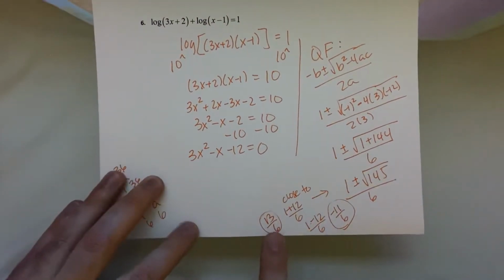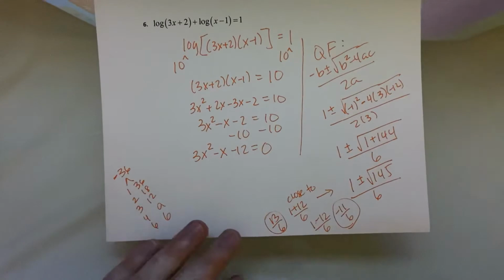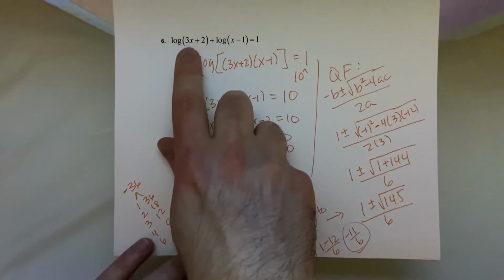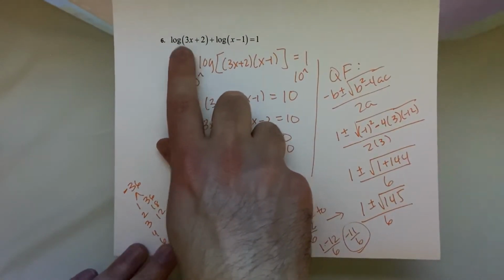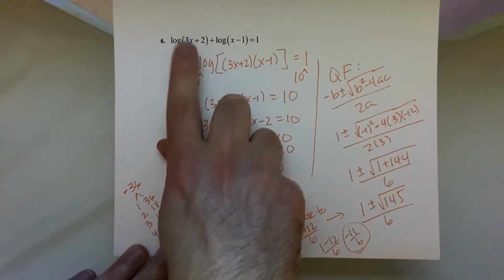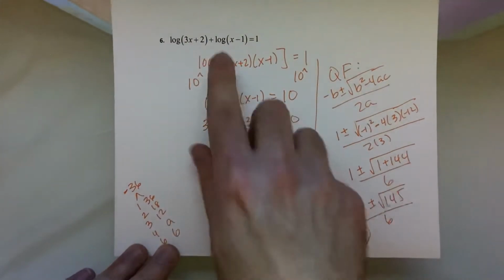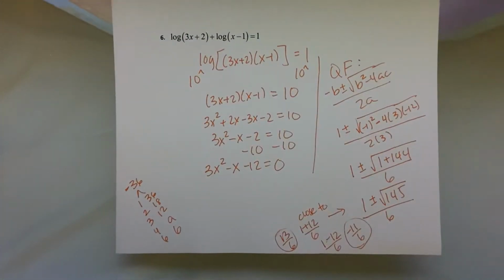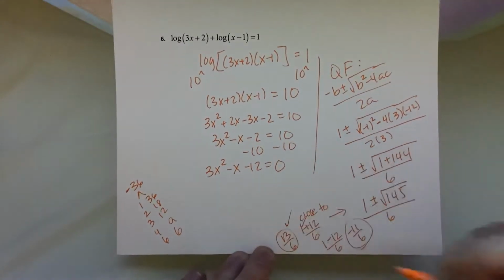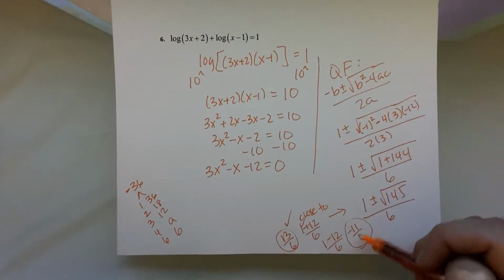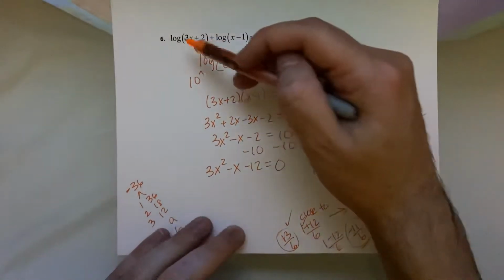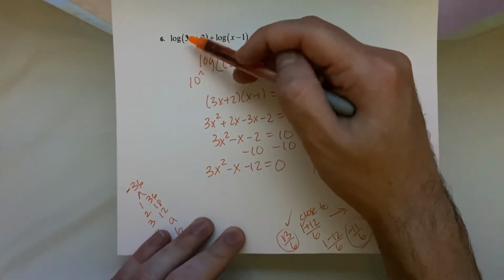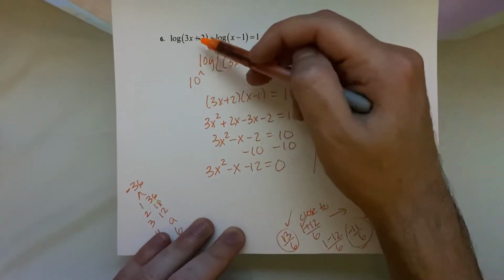So if I plug in 13 over 6, which is a little bit bigger than 2, I can roughly approximate with 2 to see if it's going to be positive or negative. 3 times 2, 6 plus 2 is 8, positive. 2 minus 1 is 1, positive. So the plus version should be fine. Negative 11 over 6 is close to negative 2. 3 times negative 2 is negative 6, plus 2 is negative 4.